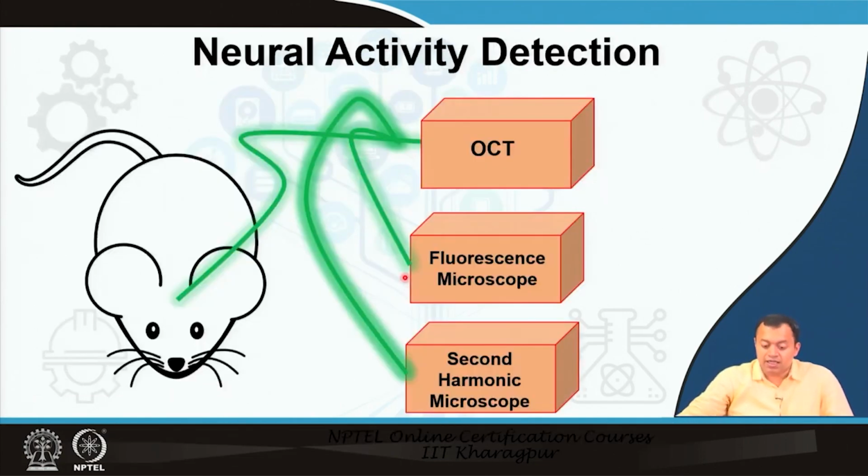This is connected simultaneously with the fluorescence microscope, with different areas being tagged. Think about it. The entire brain you have mapped, and different areas of the brain are labeled with different fluorophores, fluorochromes, nanoparticles, quantum dots. You then send another set of light which is absorbed by these fluorophores.